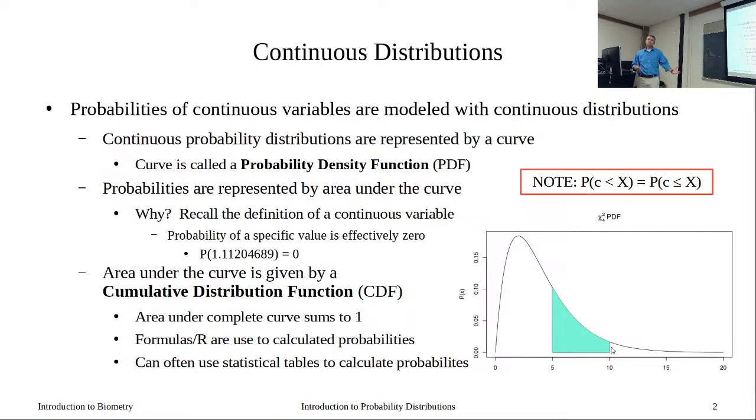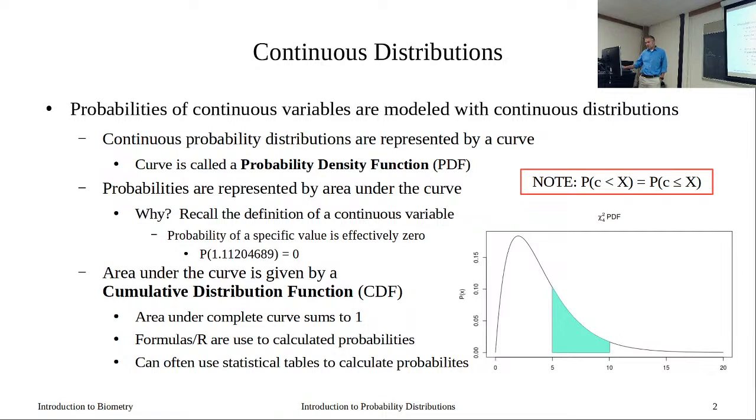So this would represent the probability of getting a number between 5 and 10 if we were doing a continuous distribution. This area that's unshaded has a probability, and this area from 10 all the way up to infinity also has an area. What we know is that the sum of all of our probabilities will have to equal 1. So on these curves, the area underneath the entire curve will be 1.